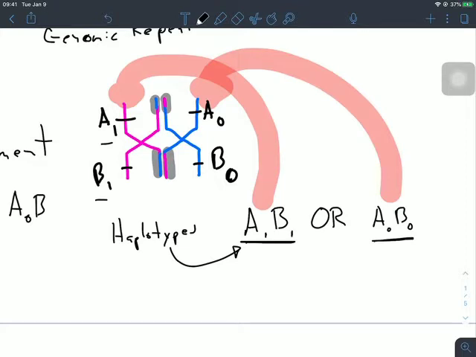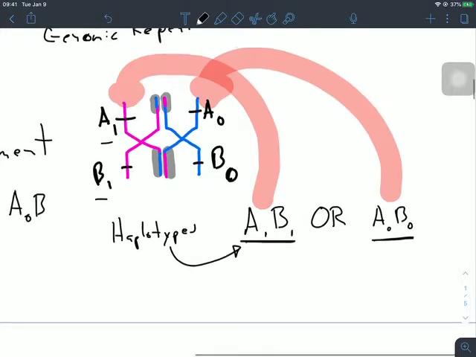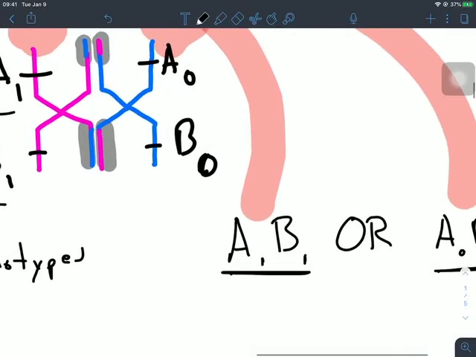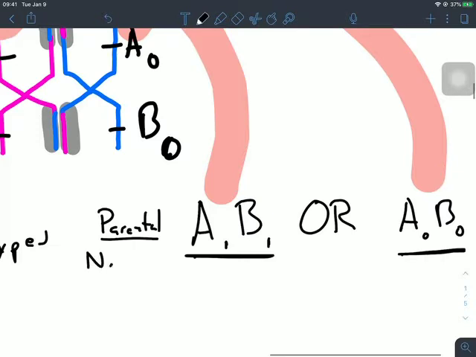There is no mixing of A1 with B0 without recombination. Therefore, these 2 different haplotypes are considered our parental type. They are made with no recombination.